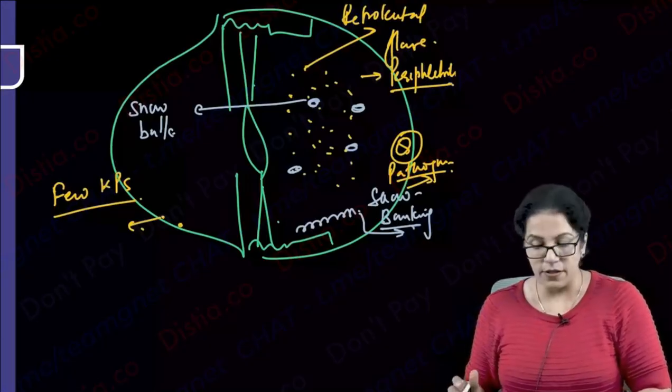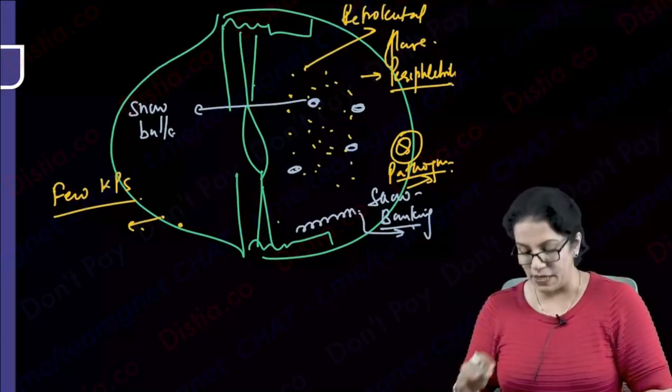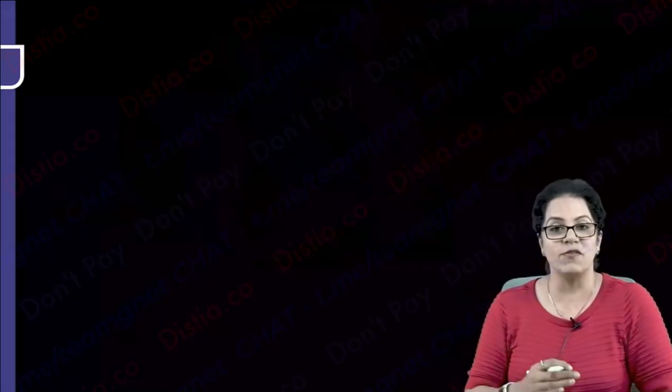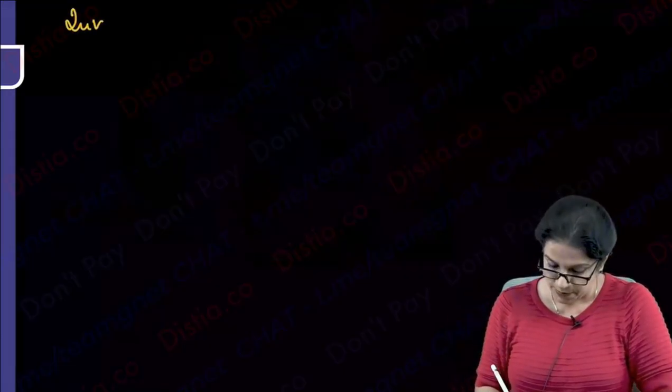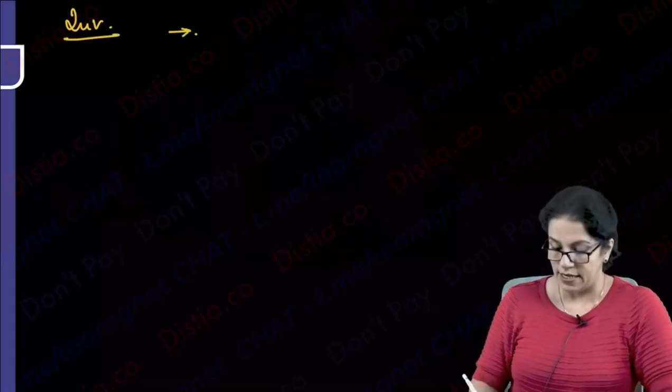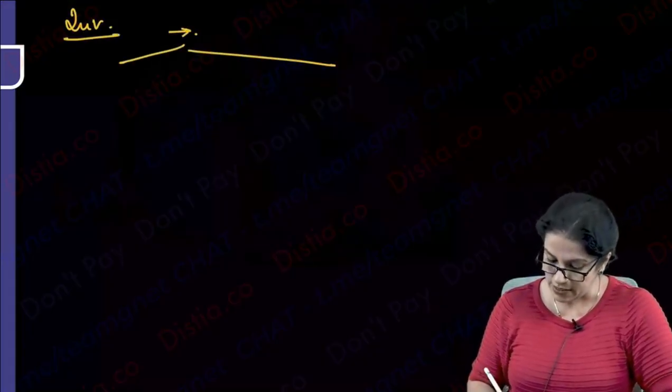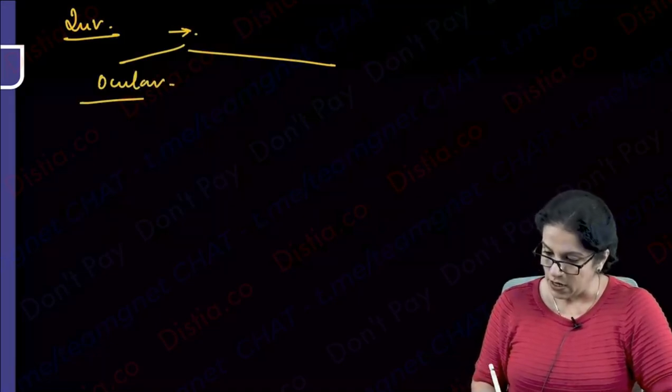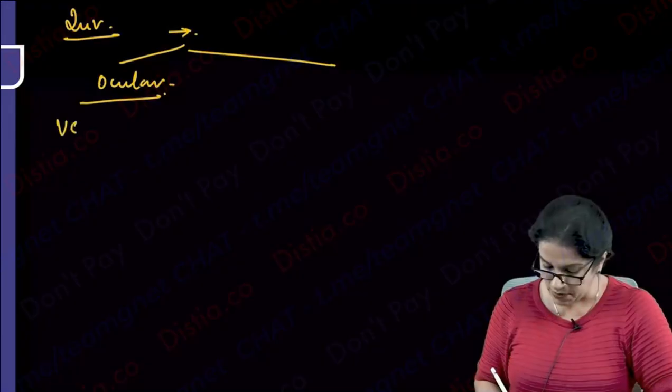Right. Now, investigation again, we already have seen what can be the non-infectious and infectious causes. So it becomes very simple. For investigation, again divide it as ocular and systemic. Ocular, you want to again see posteriorly, so ultrasound B scan.